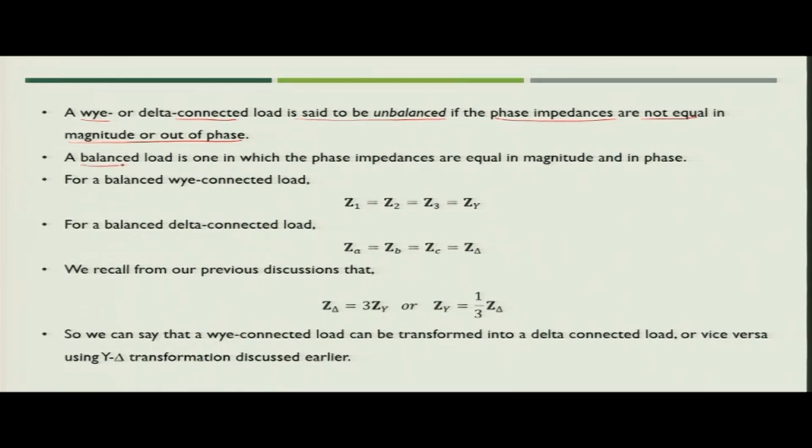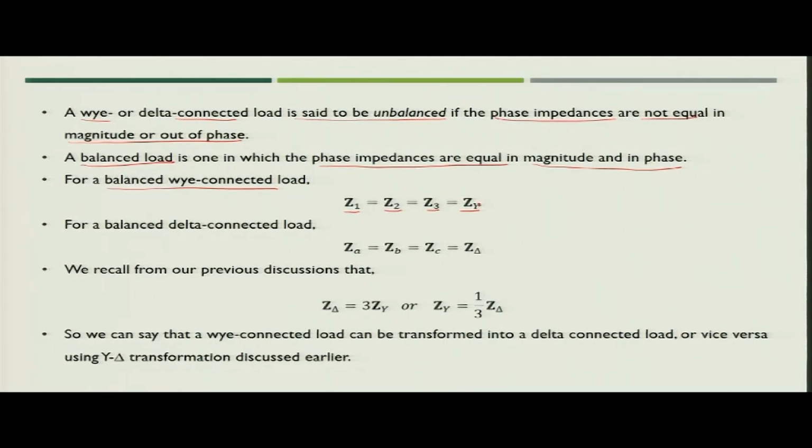When we say the load is balanced, it means that the phase impedances in all three legs of the load are equal, with equal magnitude and phase. In the case of a balanced star connected or Y connected load, you will have Z1, Z2, Z3 all the same, so you will have Zy, which is a phasor quantity.